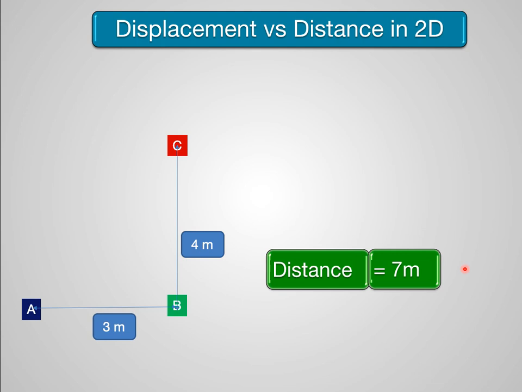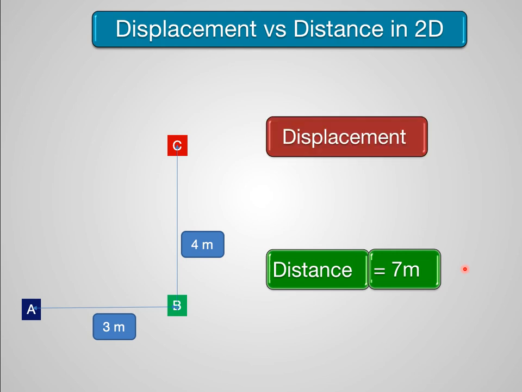We don't have to consider which way you moved, but what's the total displacement? Like I told, think about the first point, think about the last point, draw a straight line and put a direction from where to where. So you have displaced from A to C, and that is the final displacement.